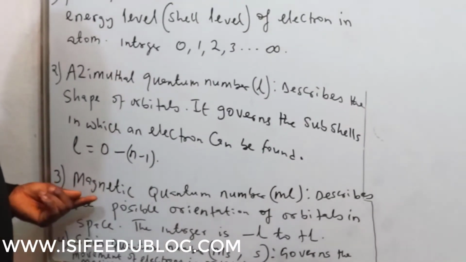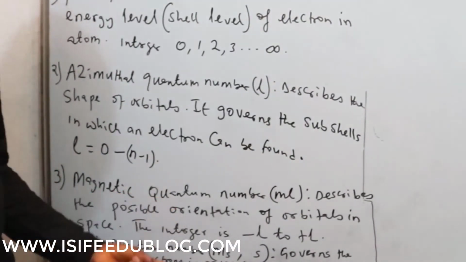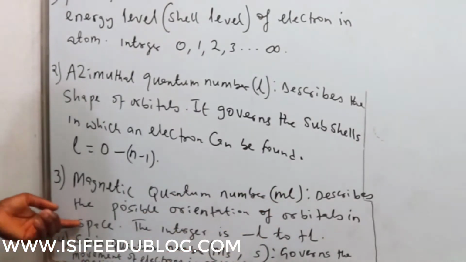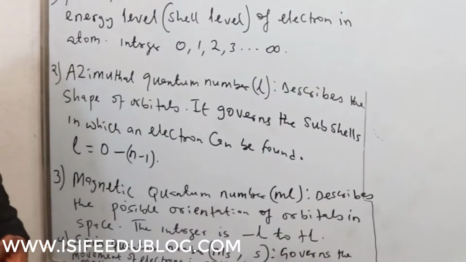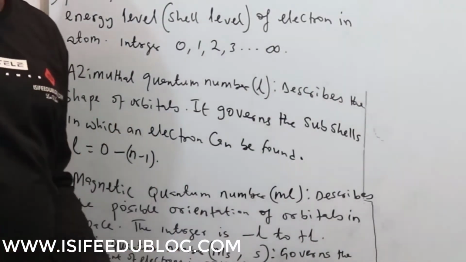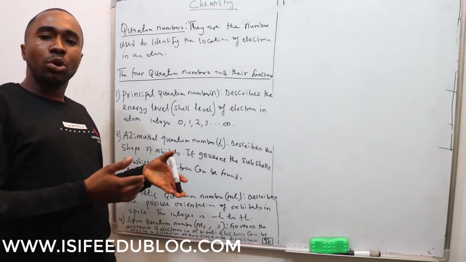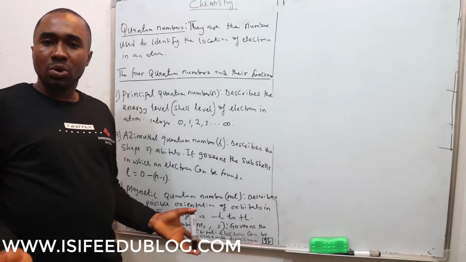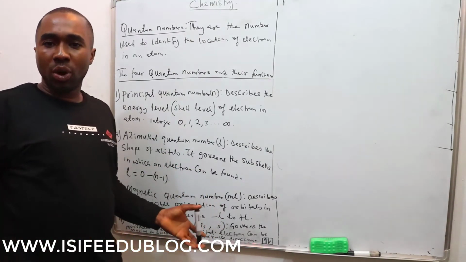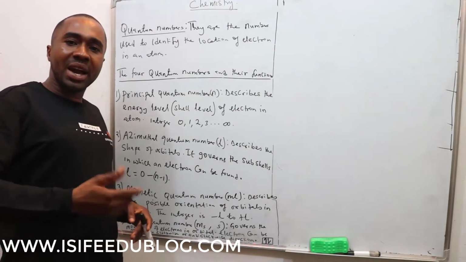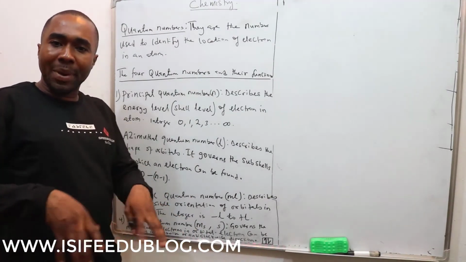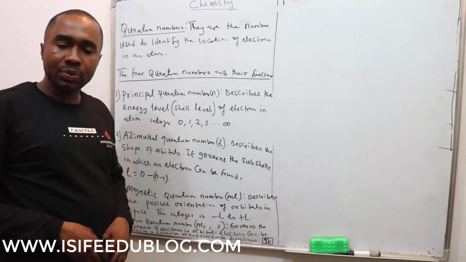The next one, the magnetic quantum number, describes the possible orientation of the orbitals in space. When you come to a particular local government, it has wards. You can have ward 1, ward 2, ward 3. The magnetic quantum number describes the ward that particular person is in.